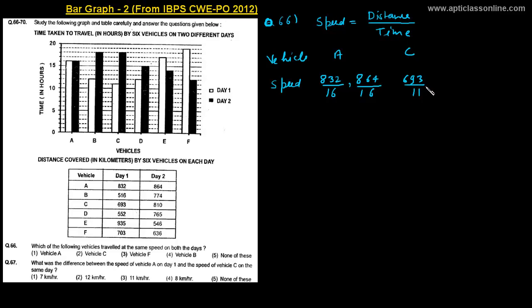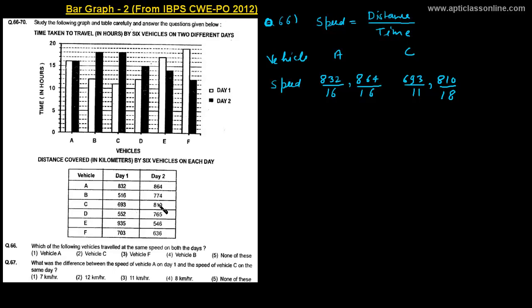For day 2, the distance for C is 810, and the time is 18. In the bar graph we see that the vehicle travels 11 hours on the first day, and then 18 hours on the second day.